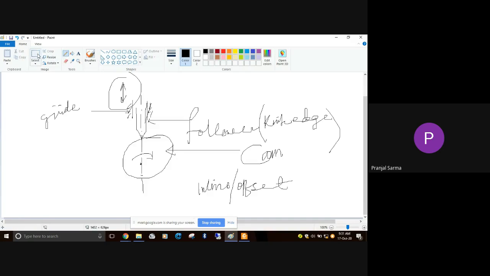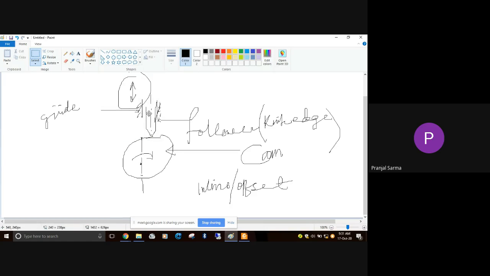Now what about offset type? Suppose the follower location is somewhere here or here. In the inline case, the axis of reciprocation or movement of the follower passes through the cam rotation axis, so they coincide.